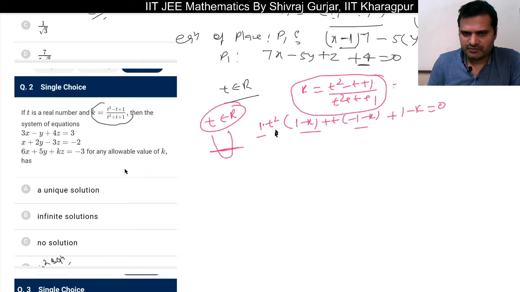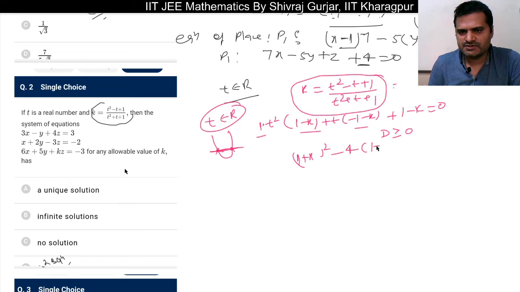For some value of t we need that the discriminant should be greater than or equal to 0. Okay, so b square minus 4ac, that is (1 plus k) square minus 4 (1 minus k) square, needs to be greater than or equal to 0. So this is k square plus 2k plus 1 minus 4 times (1 plus k square minus 2k).